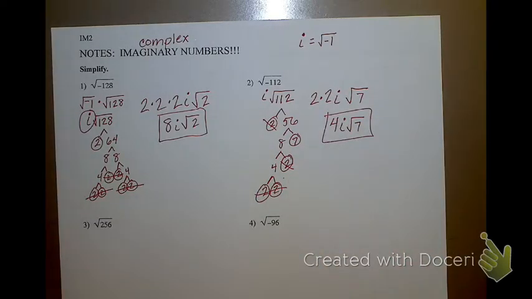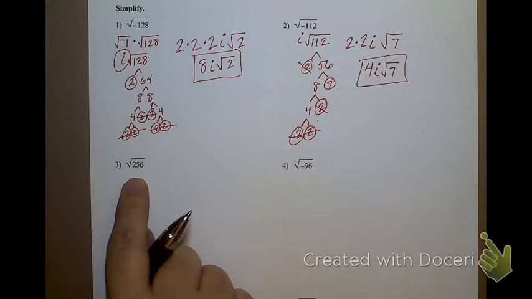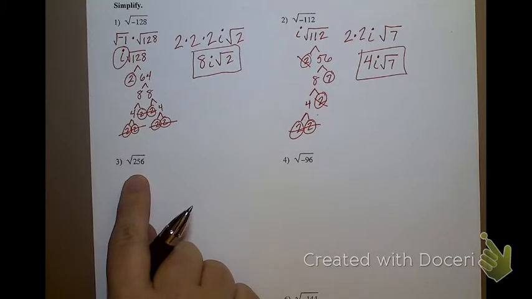Not too bad, right? We're doing the exact same thing today as we did yesterday. Just sometimes we're going to have i's. Because look at number 3. Do I have an i in number 3? No. Why not? Because there's no negative inside.